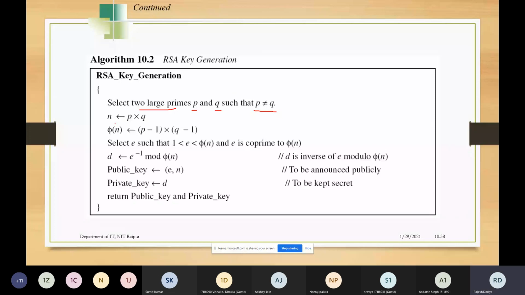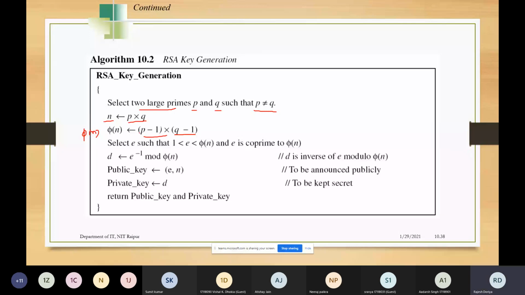Thereafter, we need to calculate a number n, which is nothing but the multiplication of these two large prime numbers. Then we have to calculate phi of n, and this is how it is calculated. This is called the totient function.